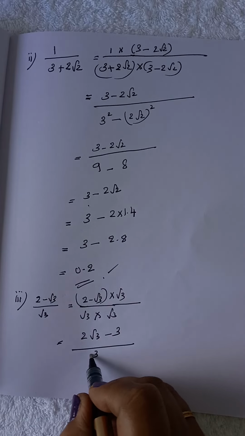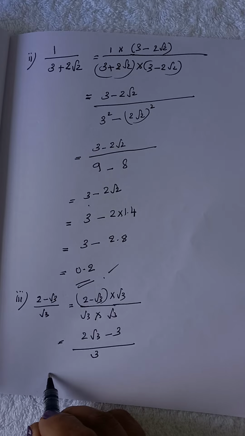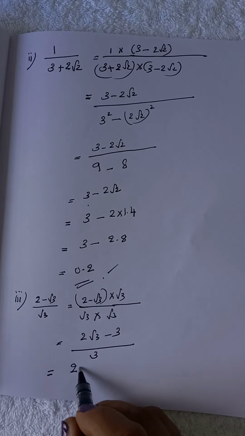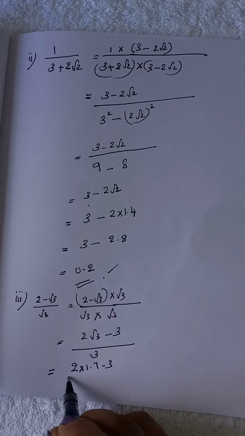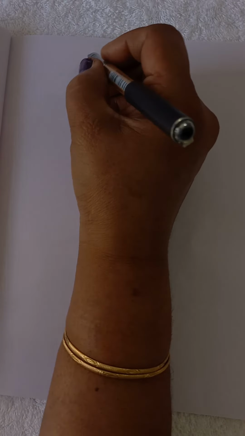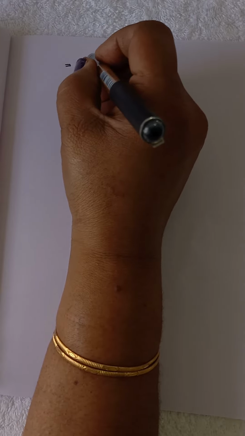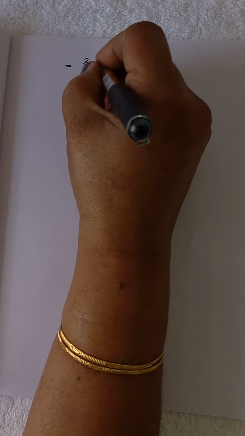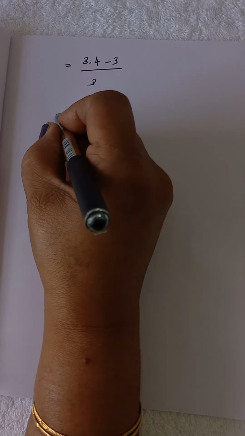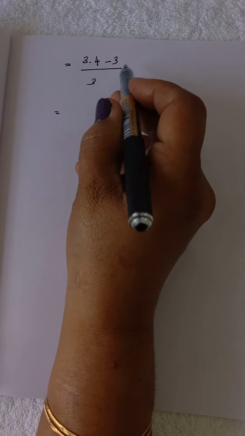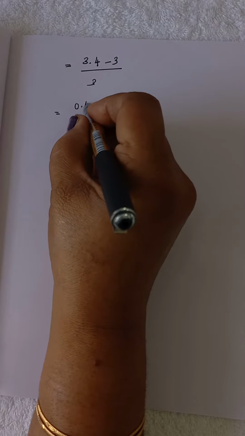Then we use the value of root 3: 2 into 1.7 is 3.4, minus 3, divided by 3. That is equal to 3.4 minus 3, that is 0.4 by 3.